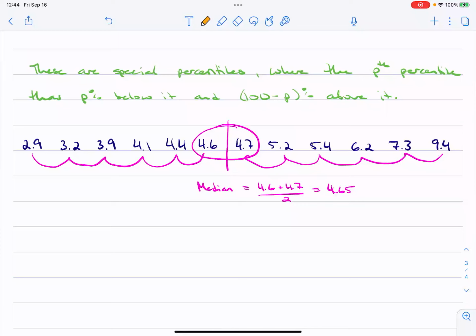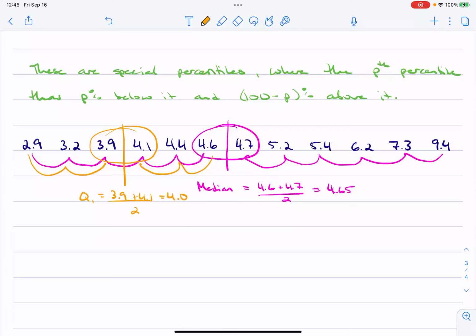If I go and find the first quartile, again I'm stuck between two values. That's okay, because now we know what to do. Q1 is 3.9 plus 4.1 divided by 2, which is 4.0. In general, you should match the number of decimal places that are given at least. Sometimes we do a couple more, but at least match what's given.